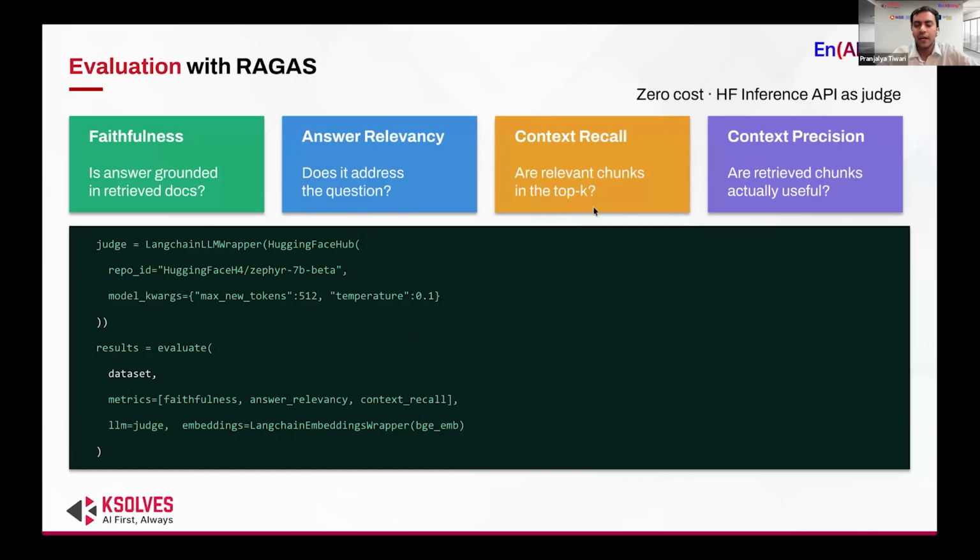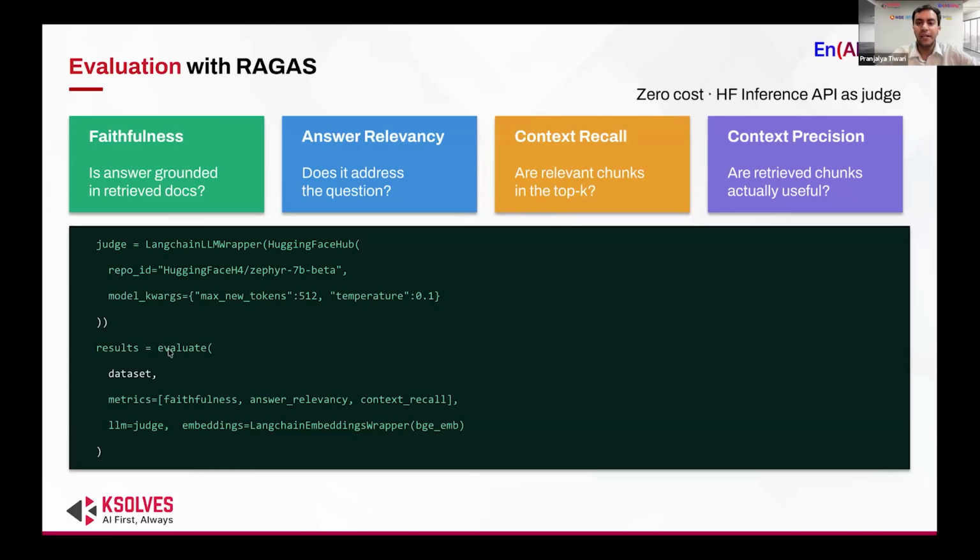And how does it calculate? It calculates because we provide an LLM for it to calculate. So here we first create a LangChain wrapper, in which we give it an LLM. Okay, you use this LLM as a judge model to evaluate my questions, my answers, my ground truth, and my retrieved chunks.